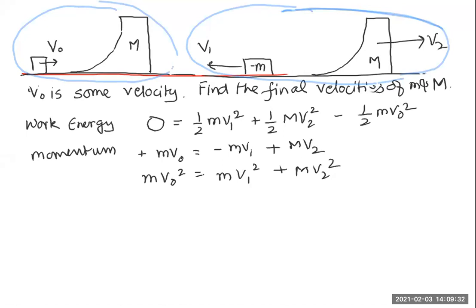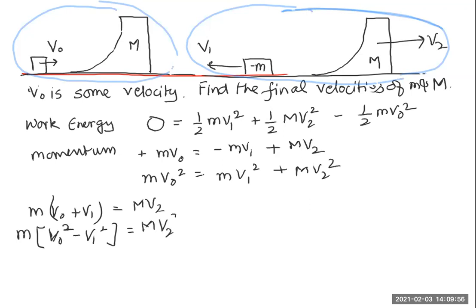So the upper equation I am going to rewrite now as m(v0 plus v1) is equal to capital Mv2, right? And the lower equation I'm going to write as m(v0 square minus v1 square) is equal to capital Mv2 square.